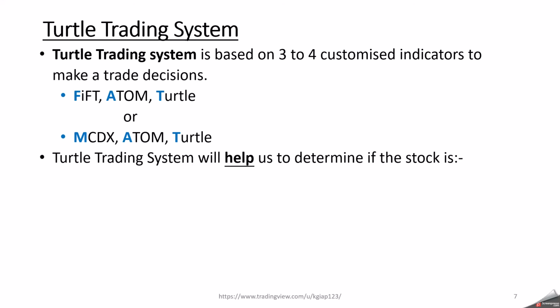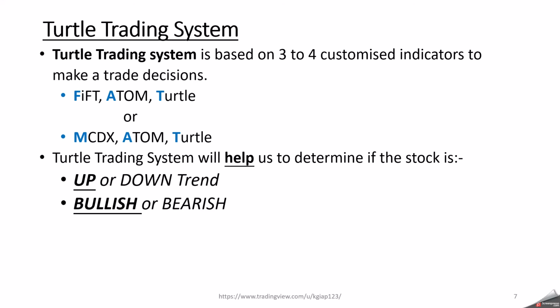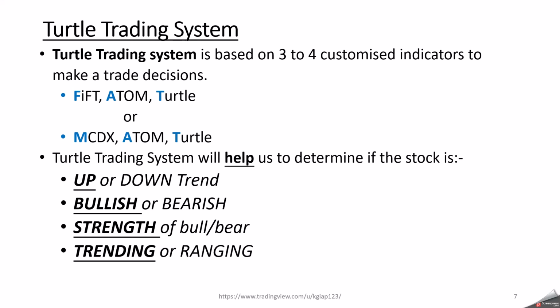Okay, why? Because this Turtle trading system will help us to determine if the stock is uptrend or downtrend, bullish or bearish, strength of bull or bear, trending or ranging, and what's the composition of the volume, meaning whether the volume is basically from bankers or from retailers.